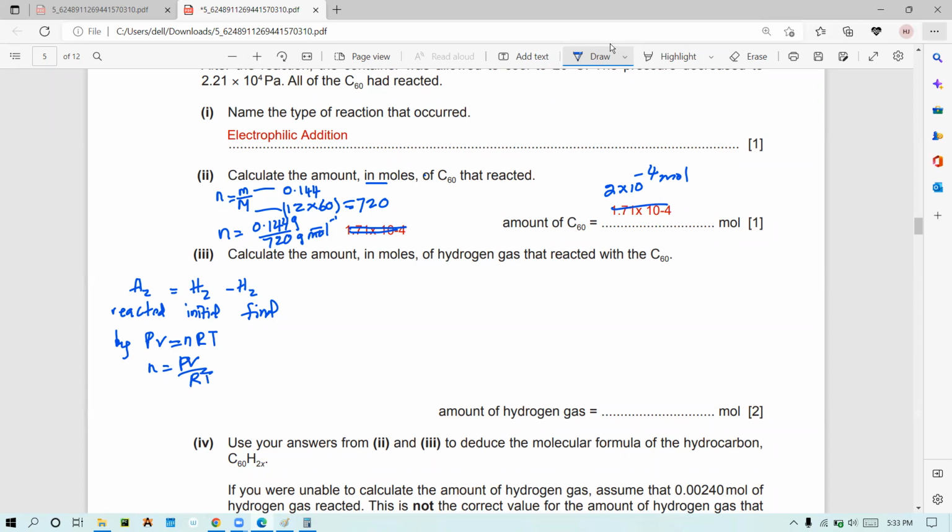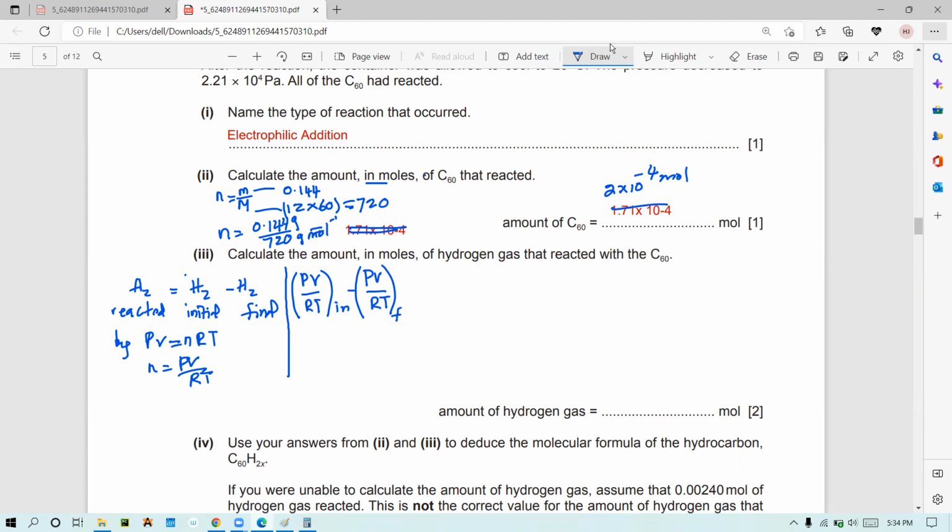So for the initial hydrogen moles, we'll write PV over RT. For the final also, we write PV over RT. So I write initial hydrogen PV over RT initial minus PV over RT final.